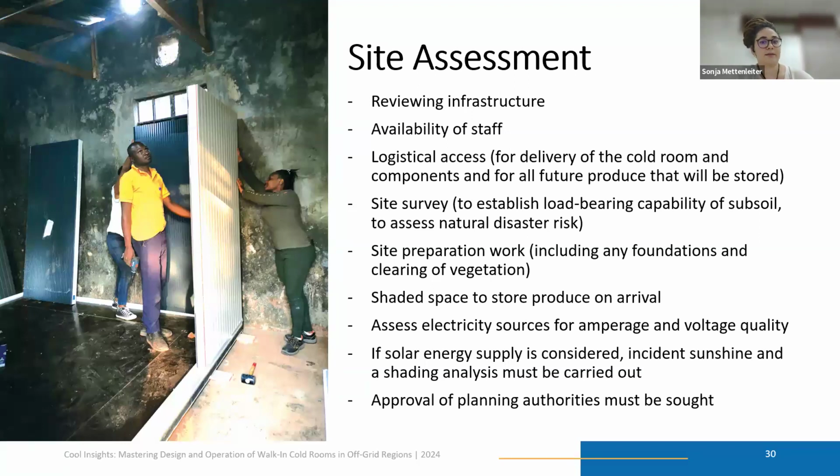Another step that needs to be taken when we look at the site is the site preparation work. Is there any vegetation that needs to be cleared, and does there need to be foundation work to put the cold room infrastructure on? Is there a shaded space available to store the produce on arrival?